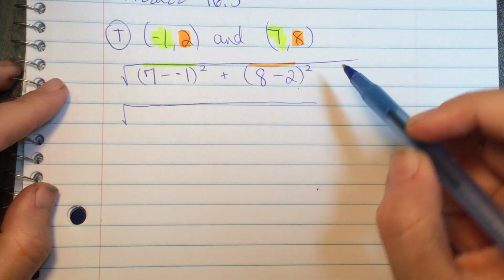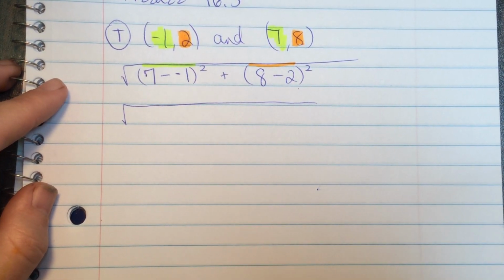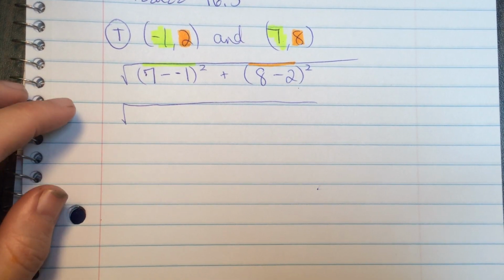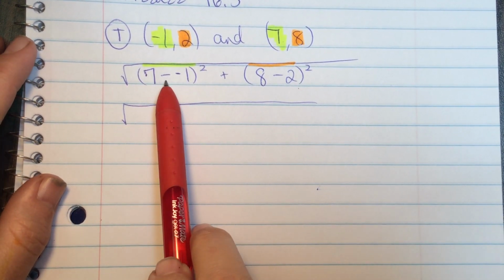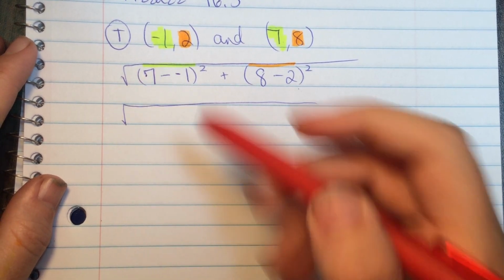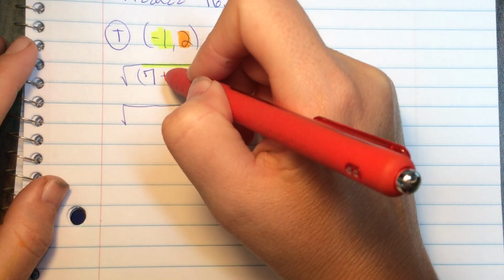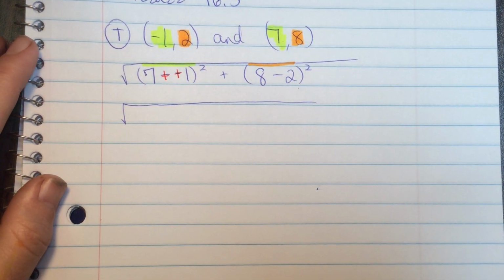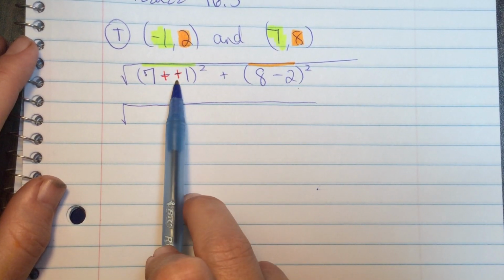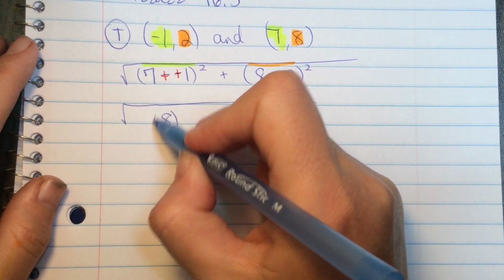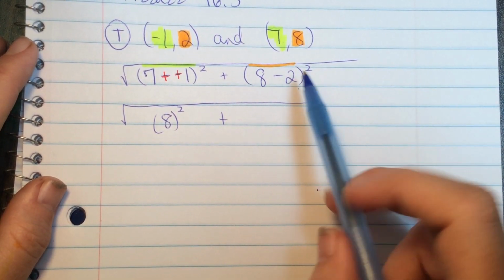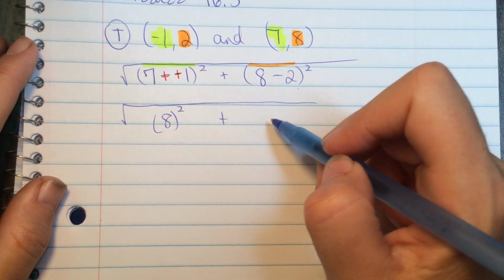Now we just actually do this work. Don't forget that when you have two negatives back to back like this, you have a minus and a negative back to back, they actually cancel each other out and you get plus. So 7 plus 1 is 8. Then you have 8 minus 2, which is 6.